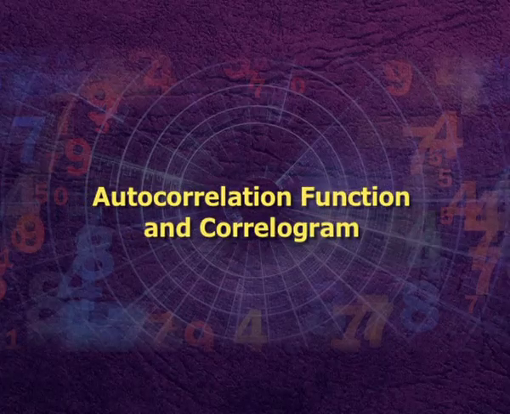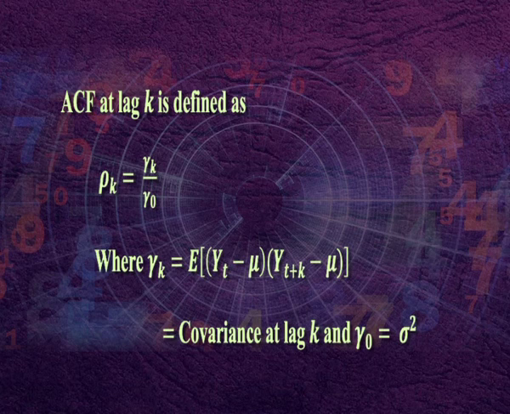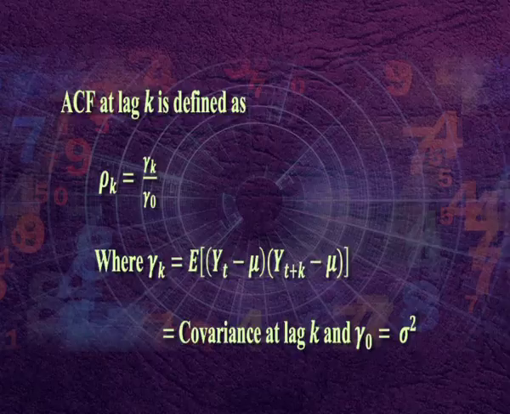Autocorrelation function and correlogram. It is important to know whether the given time series is stationary or not. A simple test for stationarity is based upon autocorrelation function, which we define as ACF. ACF at lag k is defined as rho k equal to gamma k upon gamma 0, where gamma k equal to expected value of yt minus mu multiplied by yt plus k minus mu, which is equal to covariance at lag k and gamma 0, which gives sigma square.